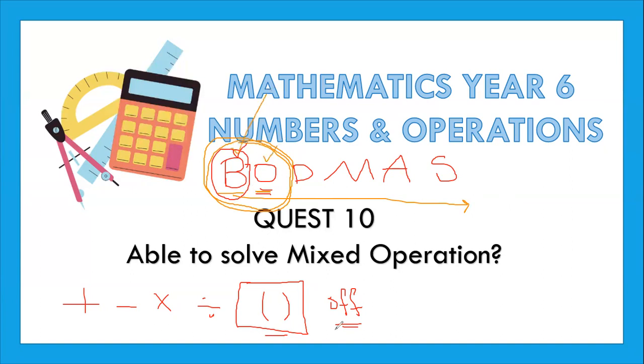Or if you see the word of, you do that first. This is the most important group. Then comes the second group, which is division and multiplication. They are at the same level. So if you see division and multiplication, you can do either one. It doesn't matter.